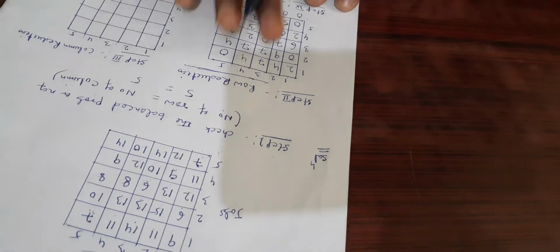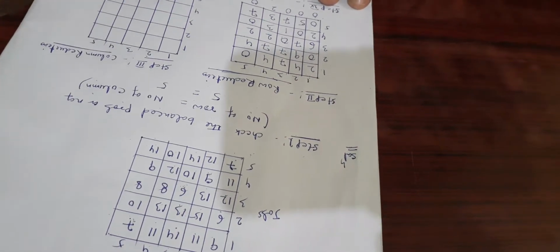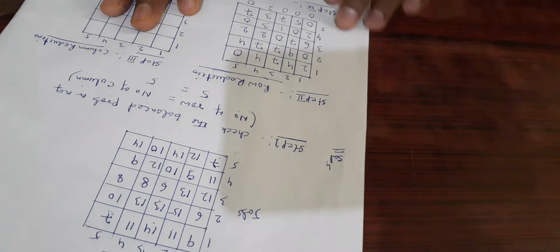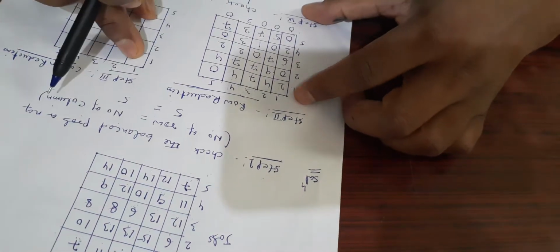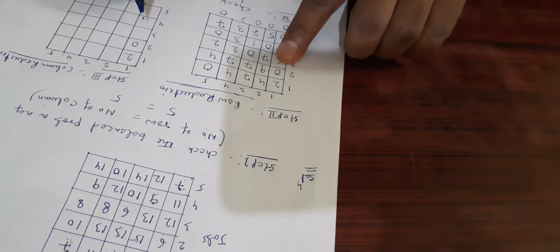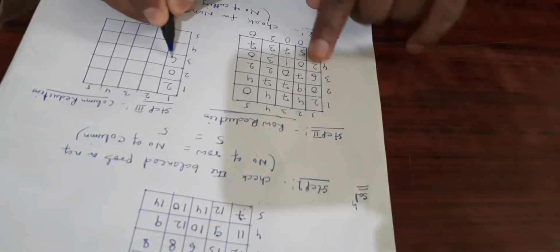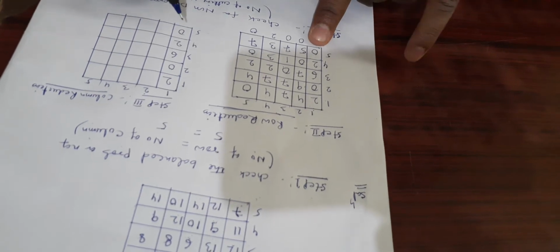After completing row reduction, go for the next step, column reduction. In the first column the minimum value is 0, so the same values we have to copy: 2, 0, 6, 2, and 0.